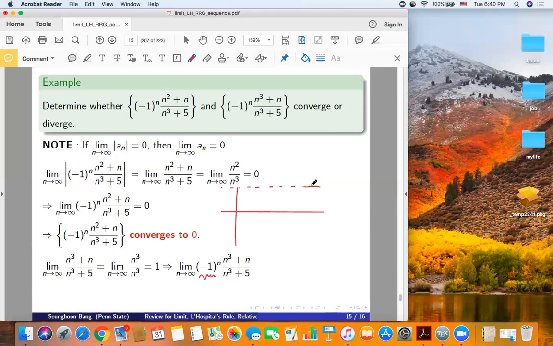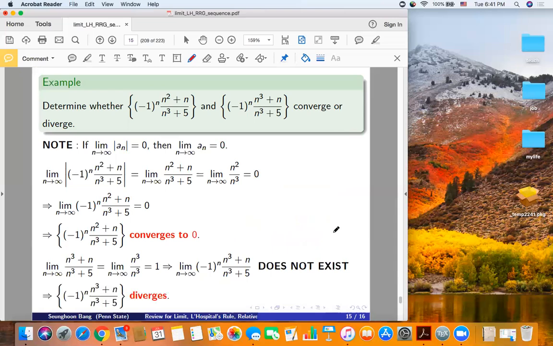When n is an even power, this is positive. When n is an odd power, it's a negative number. Even terms approach 1, and odd terms approach negative 1. So it oscillates infinitely many times, and the limit does not exist. So it diverges. This is the idea for solving these two kinds of problems.